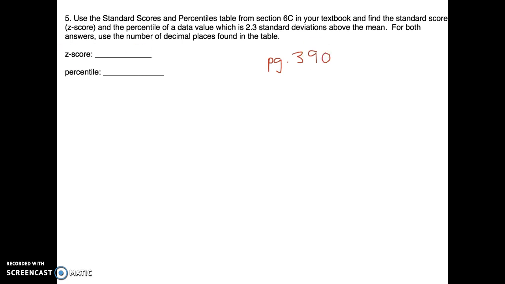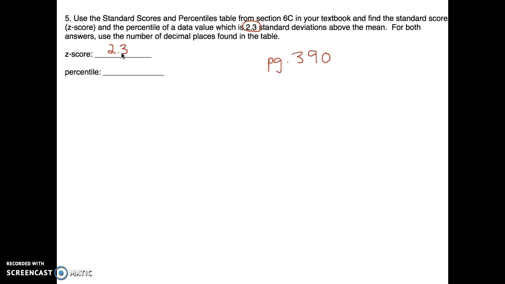So on this one, we want to go through and find the z-score and the percentile just by looking at this table. So the z-score is going to actually be the same as the standard deviation here. So the z-score is going to be 2.3. And if we look at the table, if you go in the z-score column, and really this would be one really long column if we could fit all the numbers, but since we can't, we have to break it up into 4 columns.